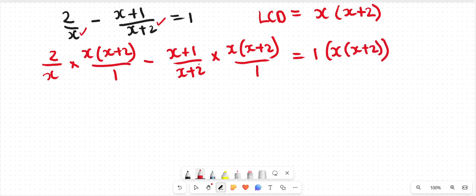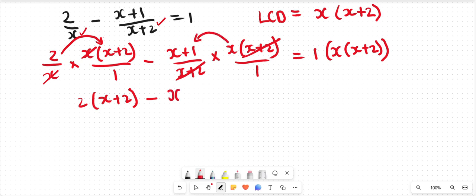So that's how it looks when it multiplies a 1. So the x and the x are going to cancel, and the 2 times the bracket, so I'll have a 2x plus 2 minus the x plus 2, and the x plus 2 and the x plus 2 are going to cancel, leaving me with just the x times in that bracket. So I put it in front like that, and I put that binomial in bracket.